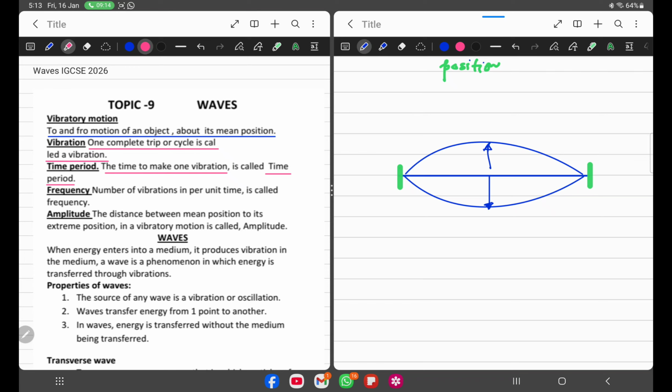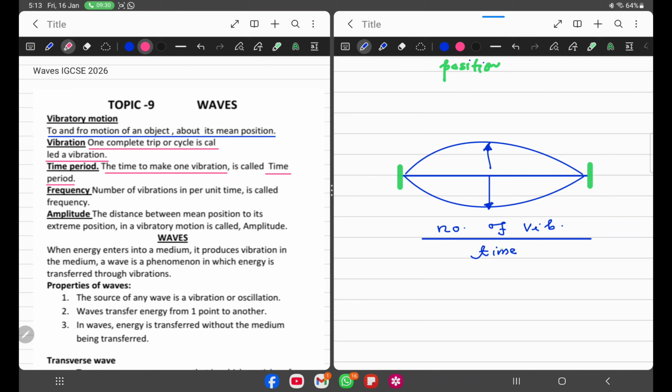But this vibratory motion is so fast, it is making too many oscillations, too many vibrations in 1 second.